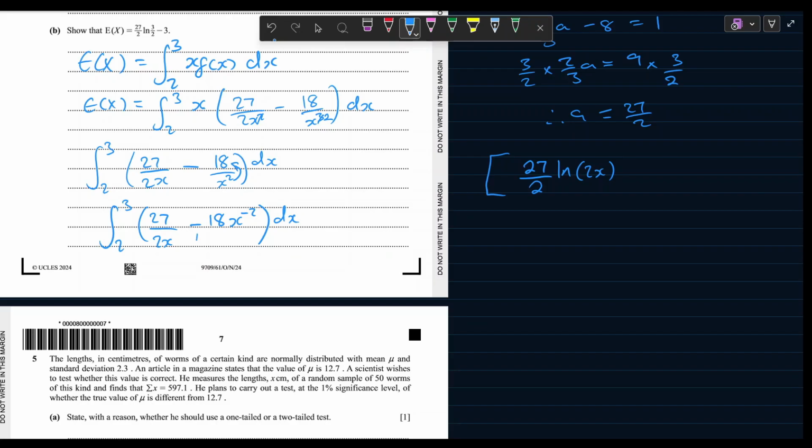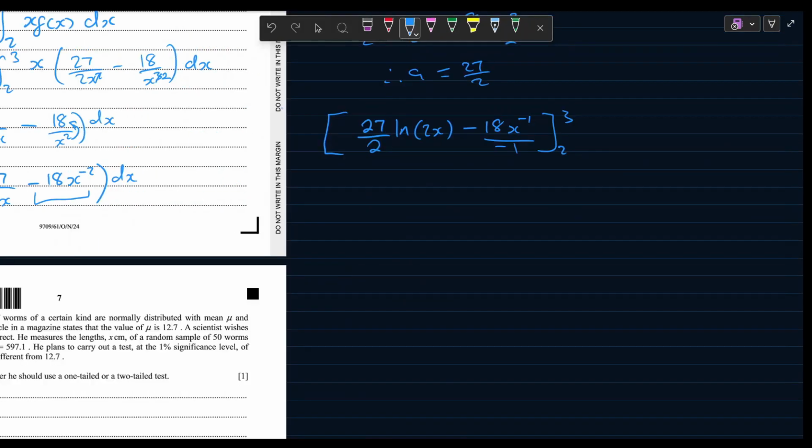And then if we integrate this part, that's negative 18x, add 1 to the power, you get a negative 1, and divide by this, negative 1. And our limits are from 2 to 3. So let's simplify. We've got 27 over 2 ln 2x, and this becomes positive 18 over x.